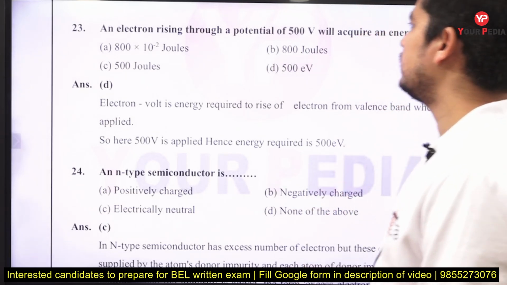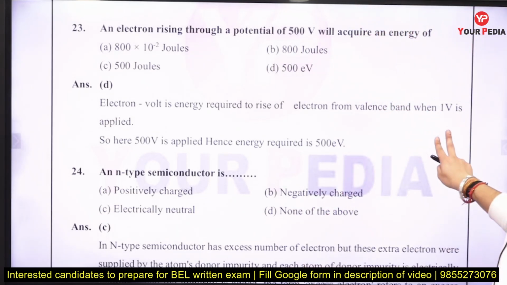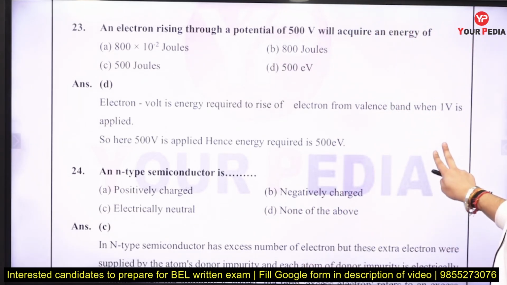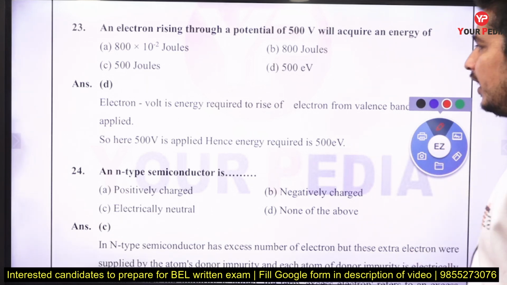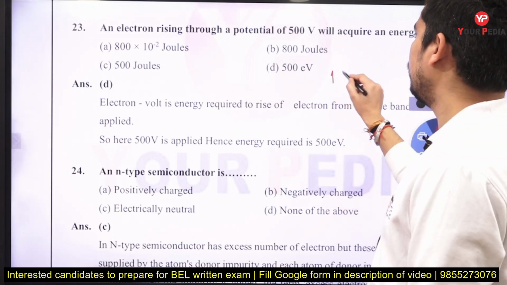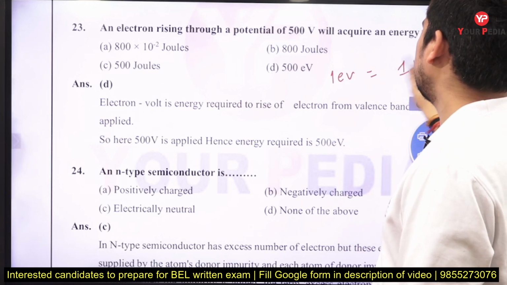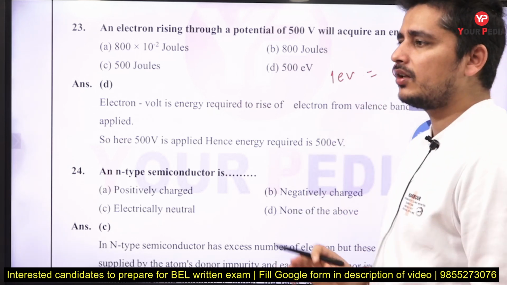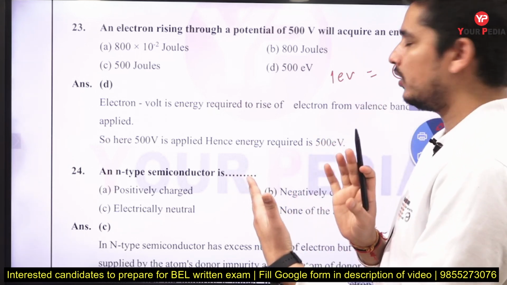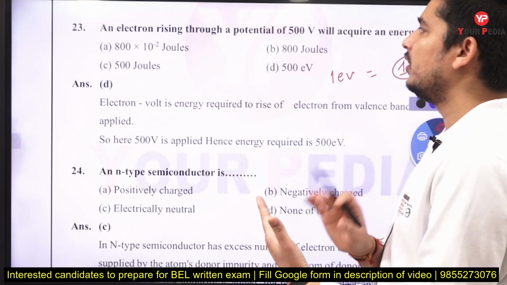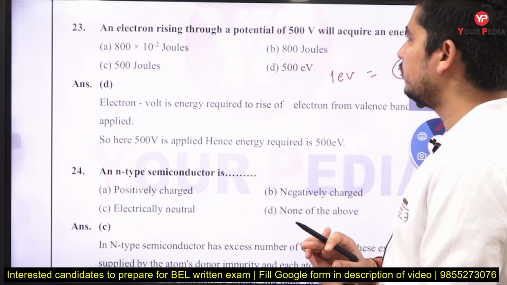The electron raised through a potential of 500 volts acquires what energy? Whenever you are calculating the energy, 1 electron volt is equal to what? It is the energy when an electron is excited by 1 volt. If you excite one electron by 1 volt, it acquires an energy of 1 electron volt.